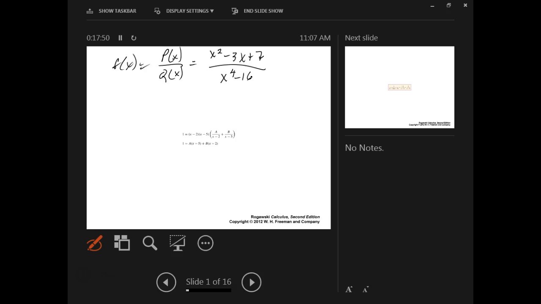Factor what? I can't factor the numerator. Maybe you can. The bottom, okay? How does it factor? Very good.